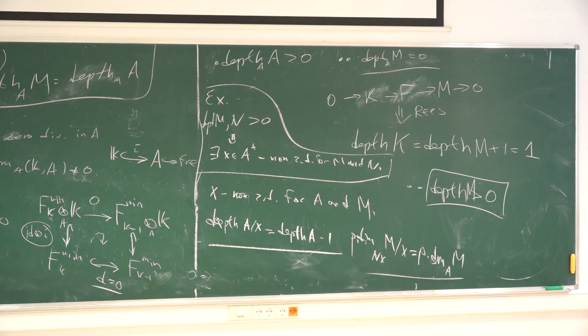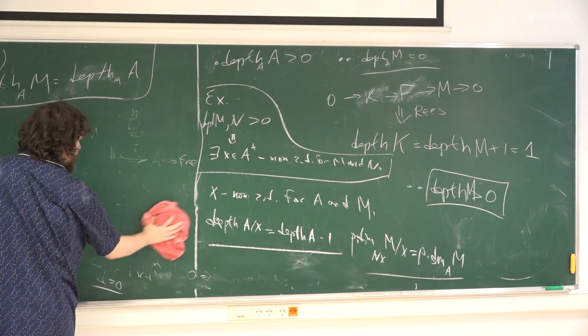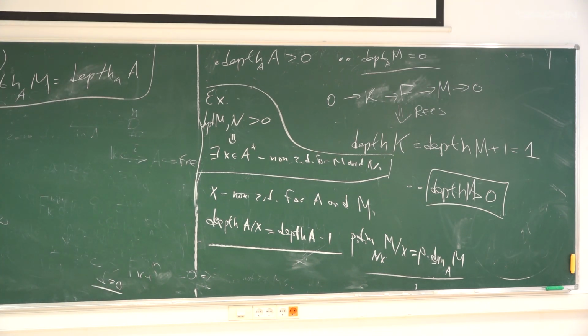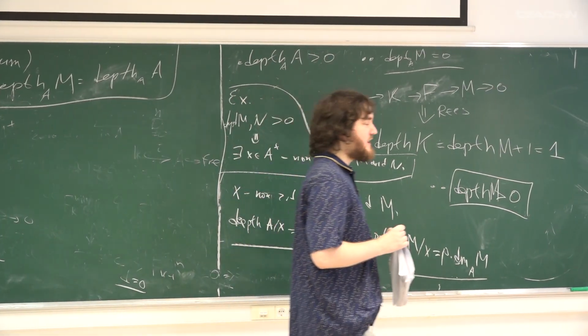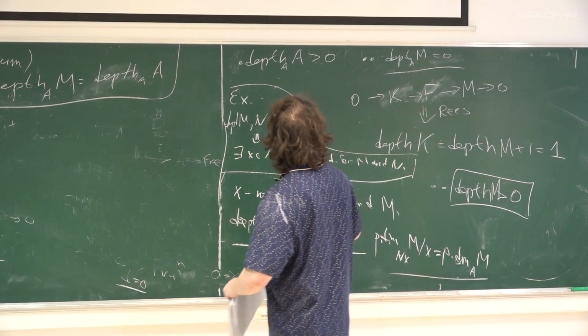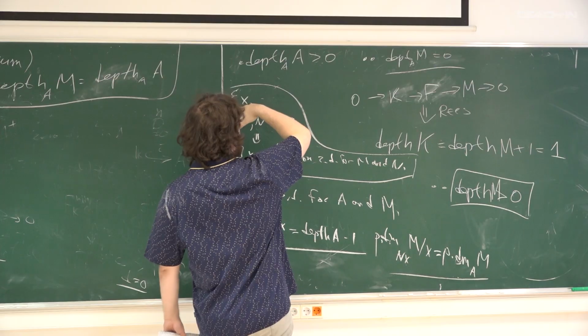We obtain a new ring, A modulo x, a graded ring. So if we use induction on depth of our ring A, we proved it for zero depth.